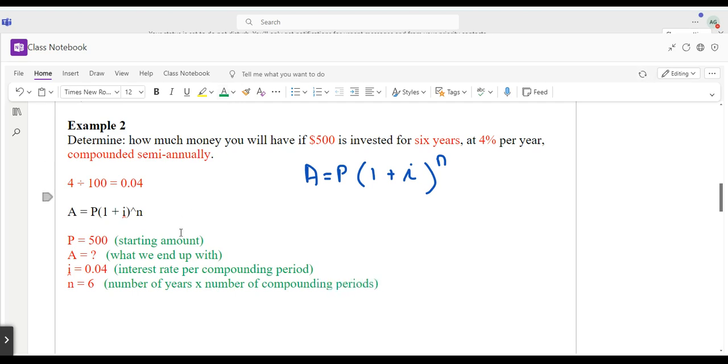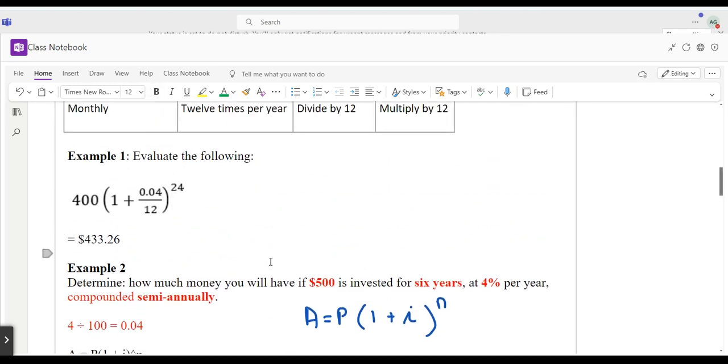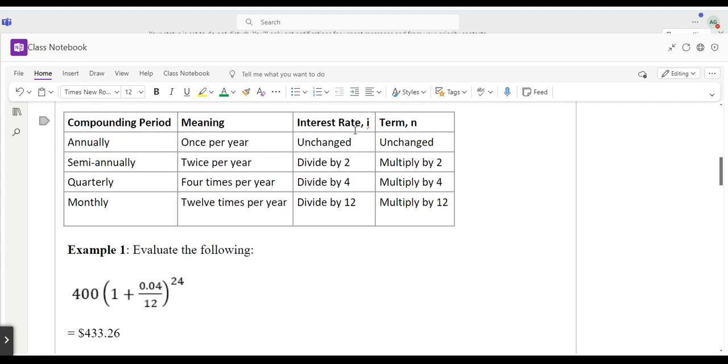Now, if you've been having a look here, we used this 500, that's been used. We used this 6 years, that's been used. And we've used this 4%. But we haven't used this semi-annually. And this is where we need to take our I and divide it by some number.